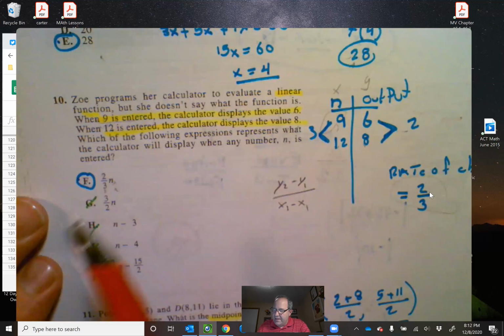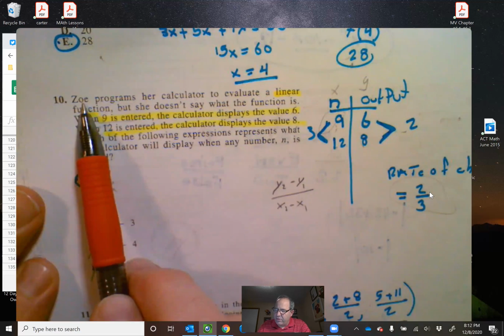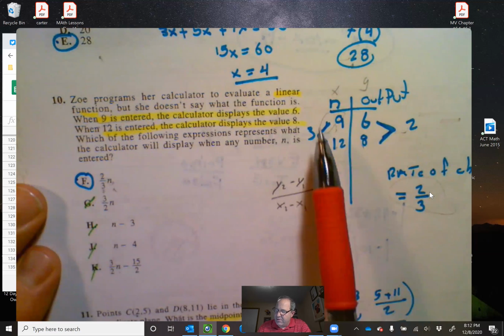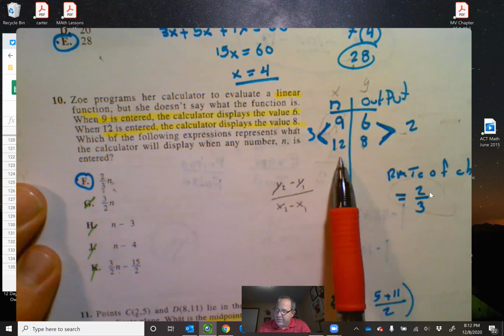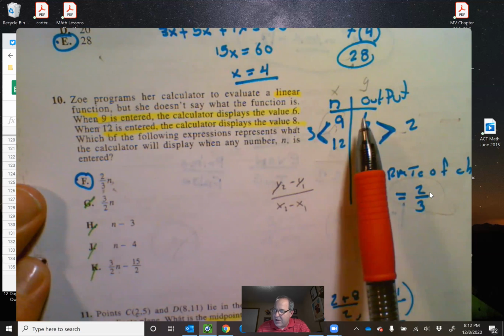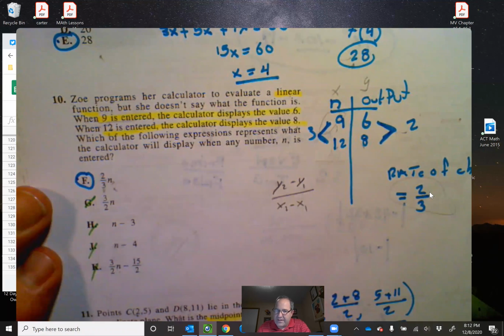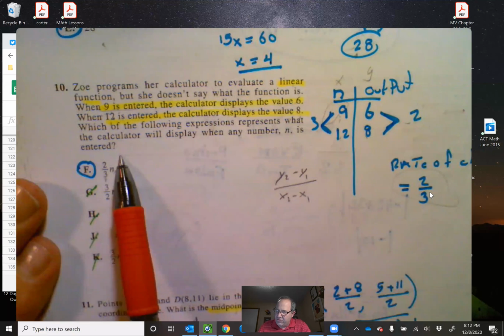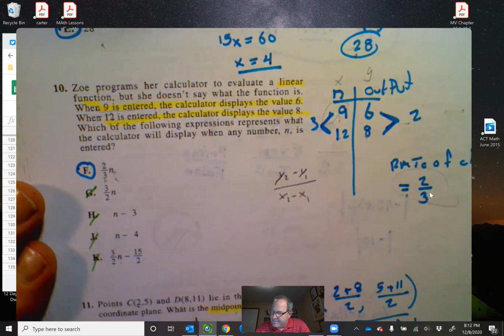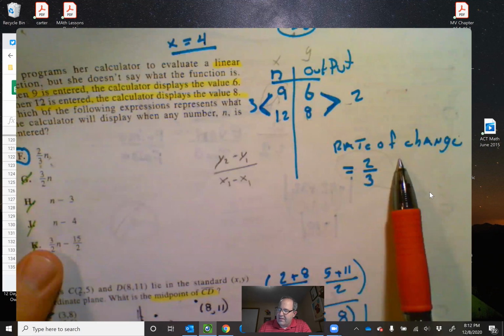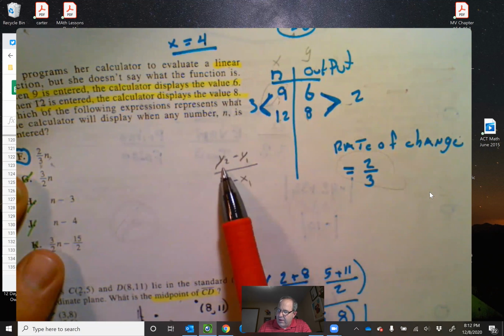Question number 10. We're told Zoe uses her calculator to figure something out. And I just made a table of the input n. Like when she typed in a 9, the output was a 6. When she typed in a 12, the output was 8. And I'm looking at all these choices here. Well, if I think about trying to find the rate of change, the slope, isn't it y2 minus y1 over x2 minus x1, right?